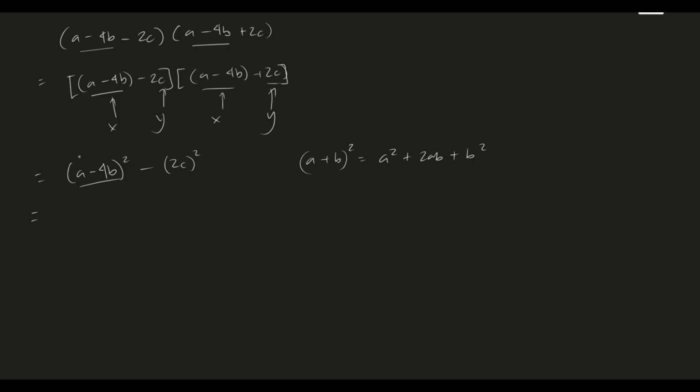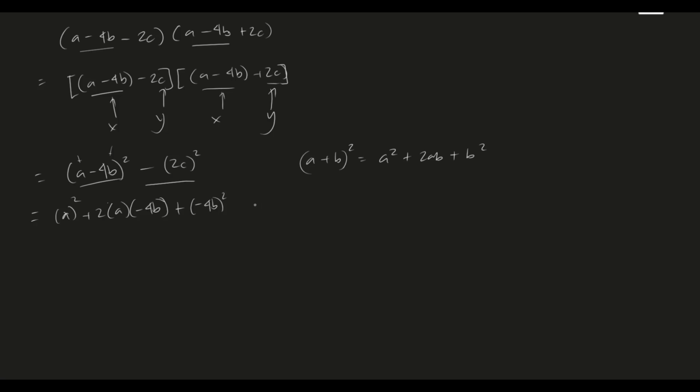So a squared here, this is our a, and also this is our b. So a squared plus 2 times a, and our b here is negative 4b, so negative 4b, plus our b here is negative 4b, so negative 4b close quantity squared.